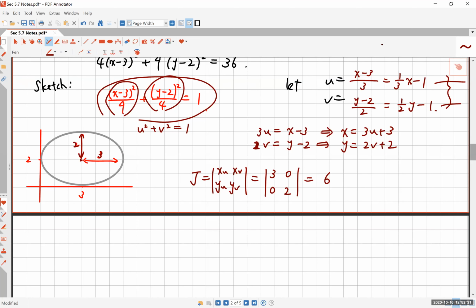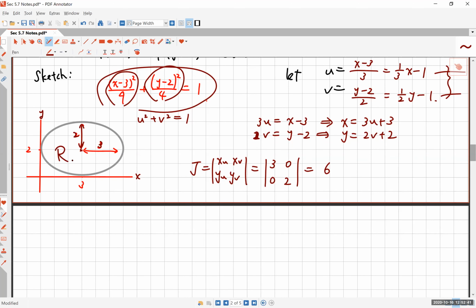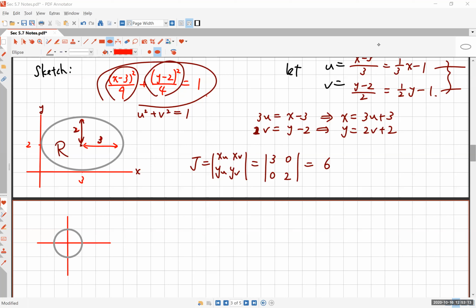All right, so what happened is this is the xy plane, right? I will draw what happens. This is the region R, okay, what we described. Now we're going to be in the uv world, and we're going to integrate this. Okay, did you get this?